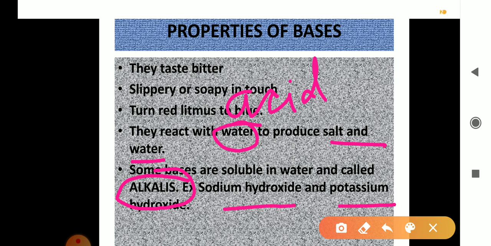These are the alkalis. If the question is what do you mean by alkali, then water soluble bases are called alkalis, right? And the bases that are insoluble in water are not alkalis. Therefore all alkalis are bases, but all bases are not alkalis, right?